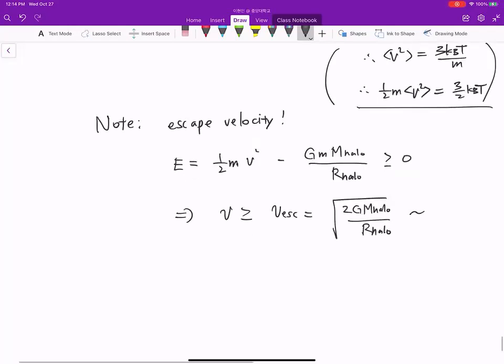You can infer that this is about 10 to the minus 3 times the speed of light, so a rough estimation is 300 kilometers per second.